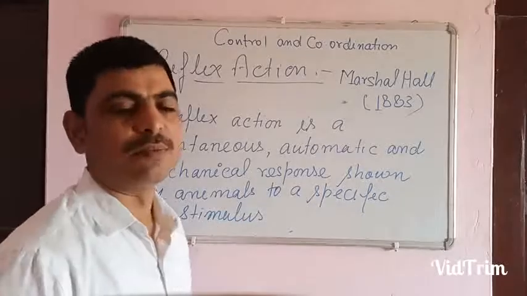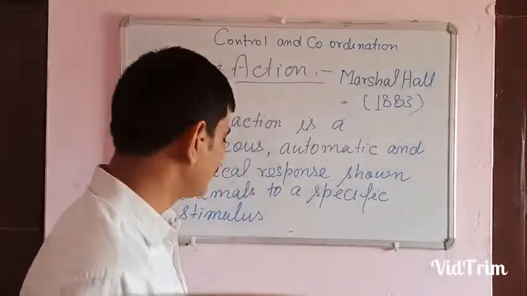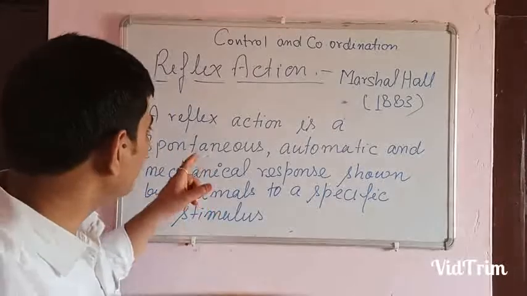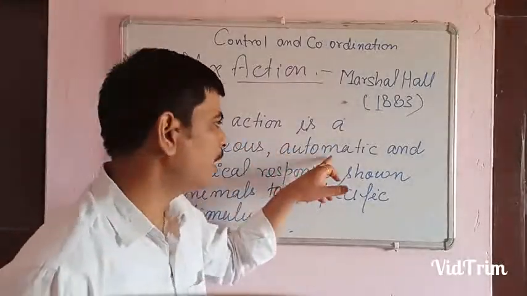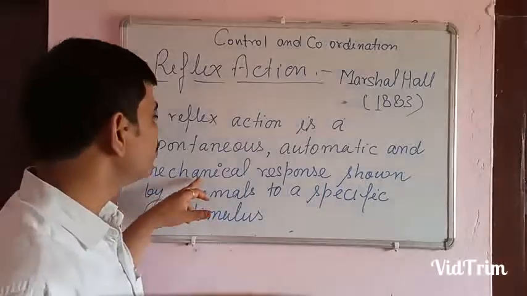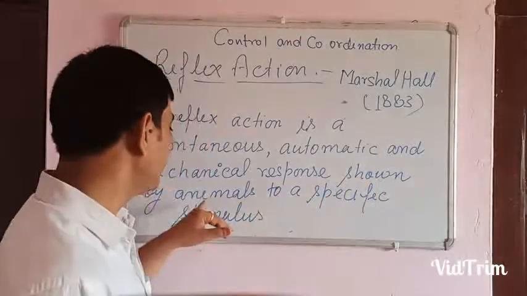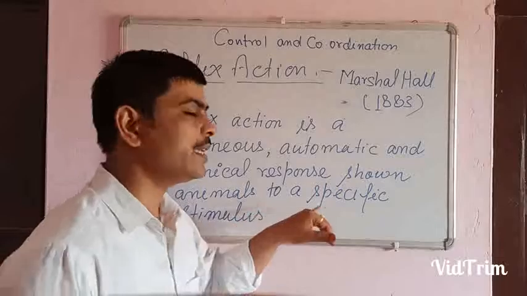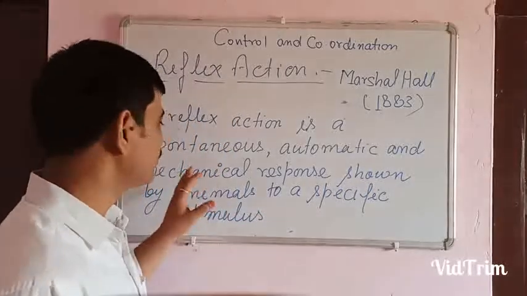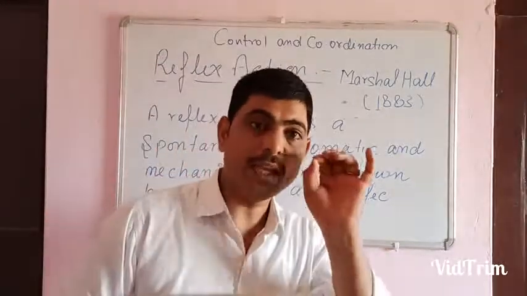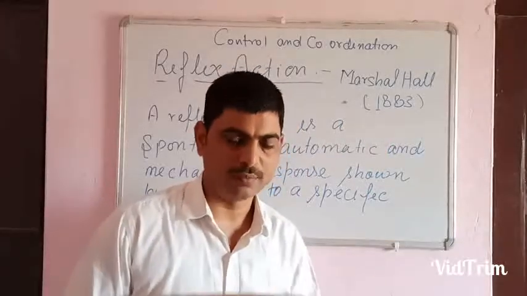Stimuli is the plural number, stimulus is the singular number. So a reflex action is a spontaneous, automatic and mechanical response shown or performed by animals to a specific stimulus. Animals only, because only animals have the nervous system, plants do not have the nervous system. You studied it earlier.